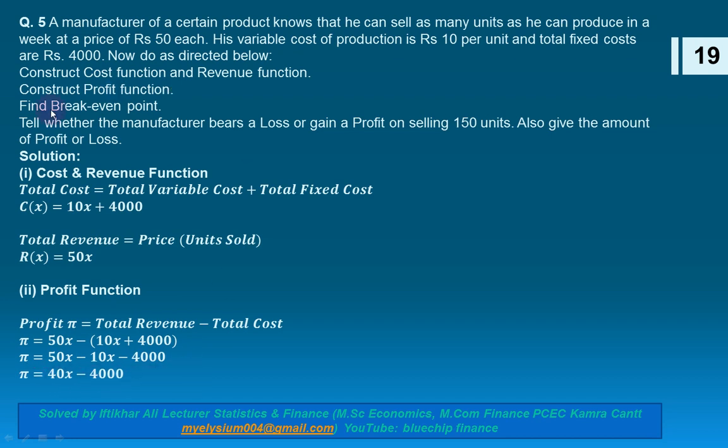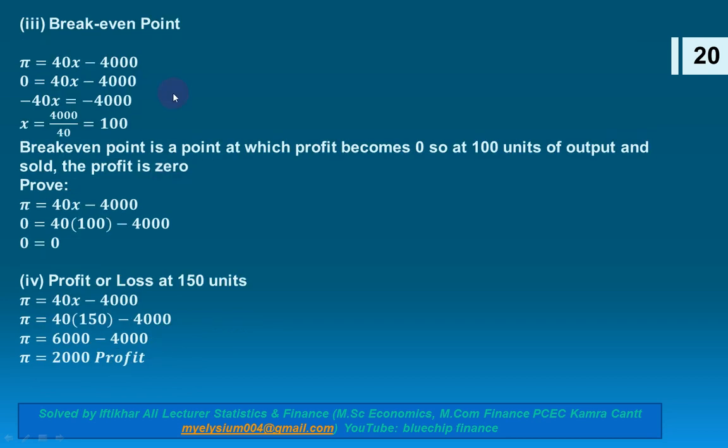And third, find the break-even point. Break-even is the point where profit is 0. So we assume profit as 0, and the profit function is 40x minus 4,000. This 40x, when it goes to the other side, becomes minus 40x equals minus 4,000.